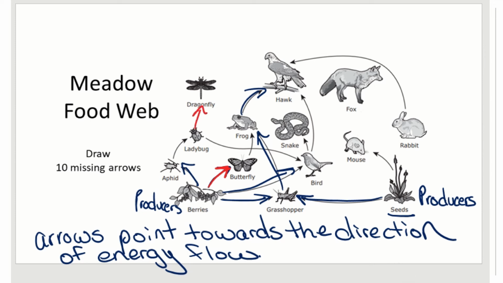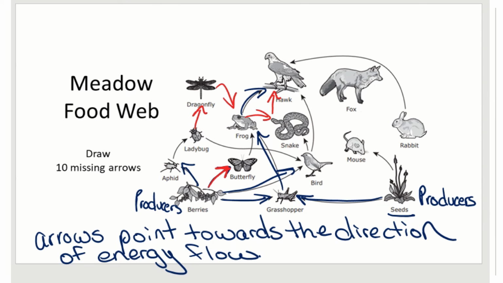Then the dragonfly can get eaten by a frog. So there we have 3 missing arrows. Let's keep going. Now, the frog can get eaten by a hawk, but it could also get eaten by a snake. Now we know that snakes can get eaten by hawks. Okay, so then we have found 5 of them so far.